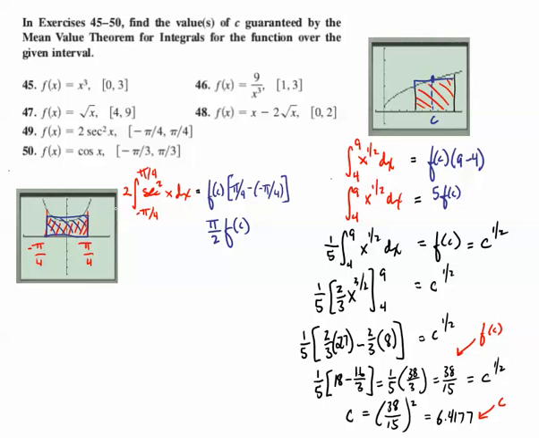And on the left side, let's go ahead and evaluate that. We have 2 times the antiderivative of secant square of x, which is simply tangent, from negative pi over 4 to positive pi over 4. Tangent at pi over 4 is 1. Tangent at negative pi over 4 is negative 1.